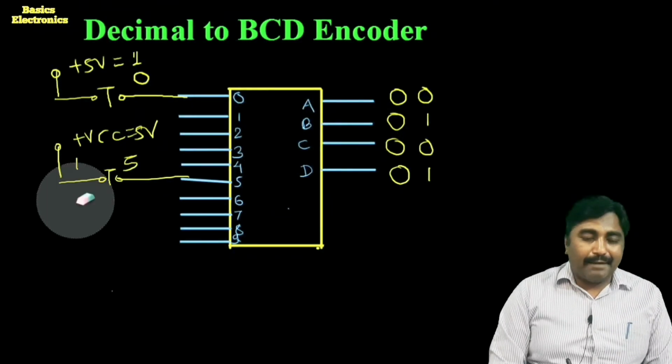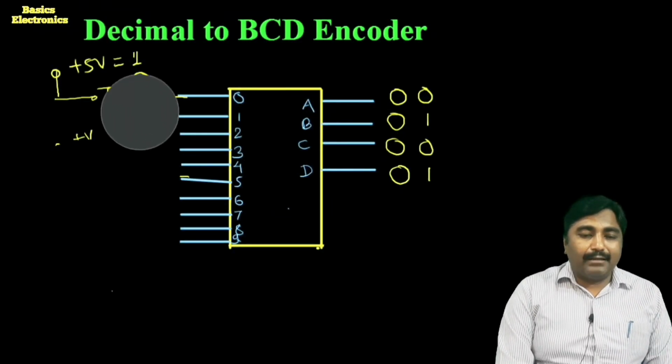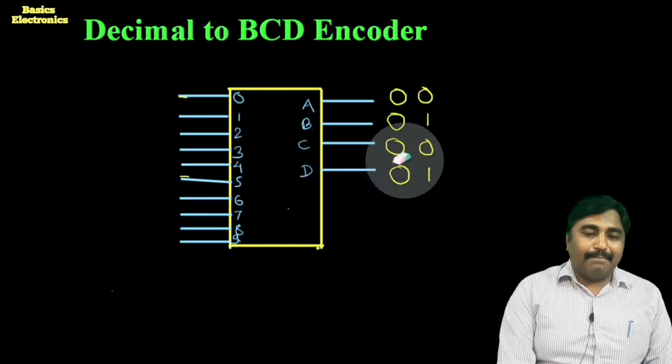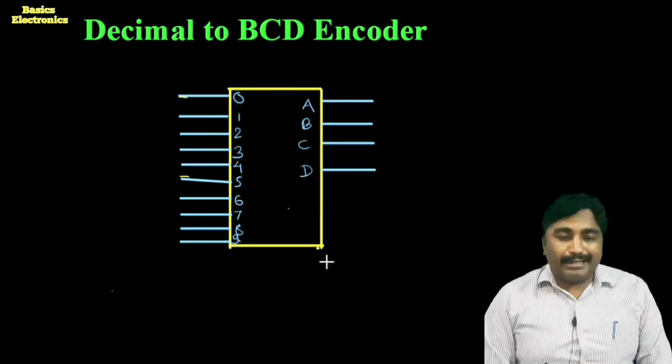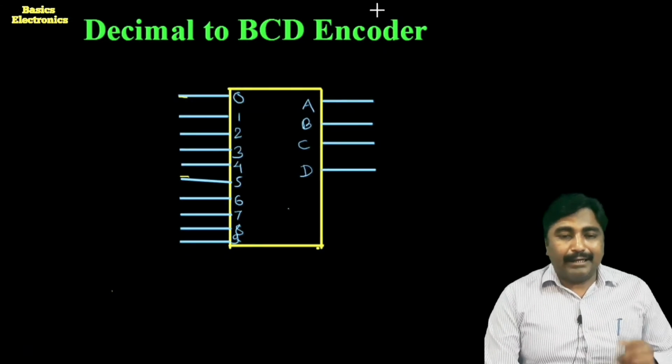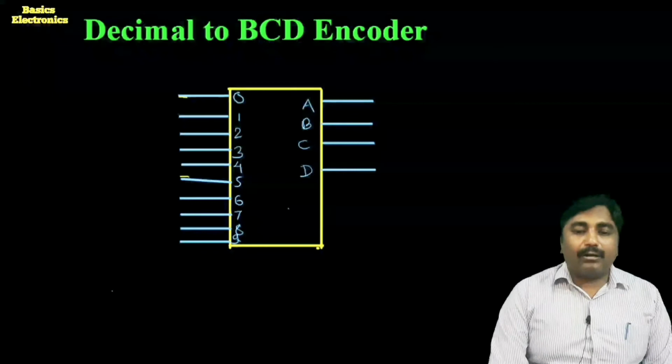In this way we can apply the input, but the question again is how we can construct it by using the OR gate or the NAND gate.